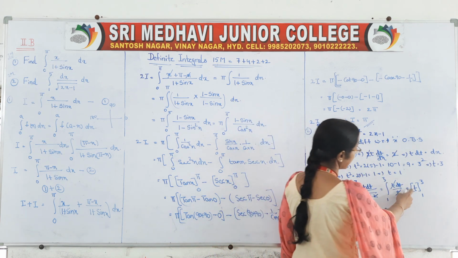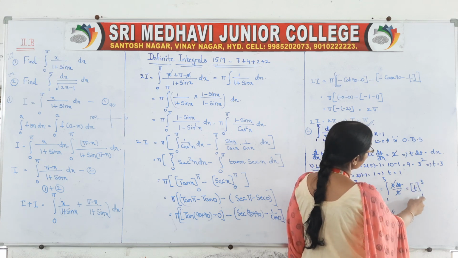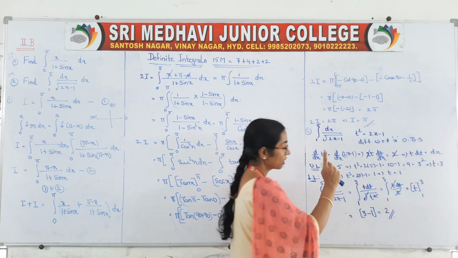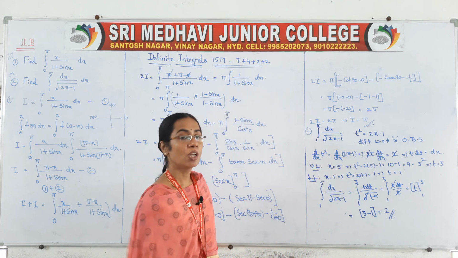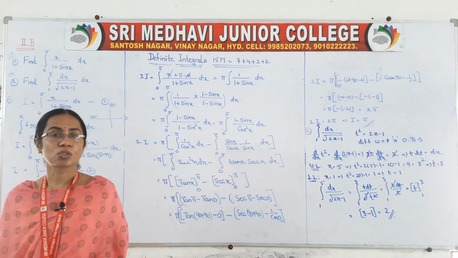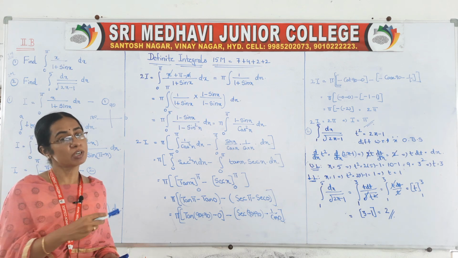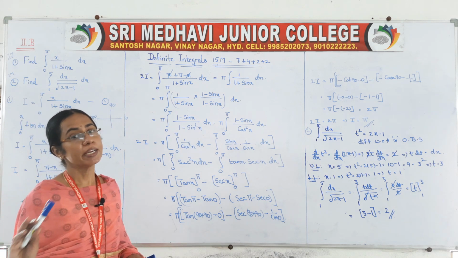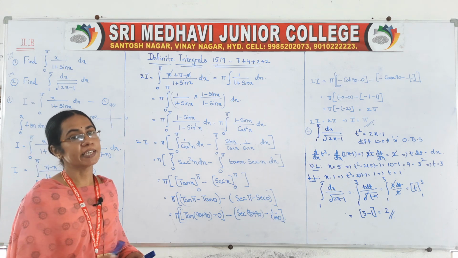Once we get the value, we take the limits on the right side. After that, in its place, upper limit minus lower limit. That is your answer. Okay, so simple problems. If you practice, if you are attentive, 80% of the work will be done here. After that, just practice one time, that is enough.